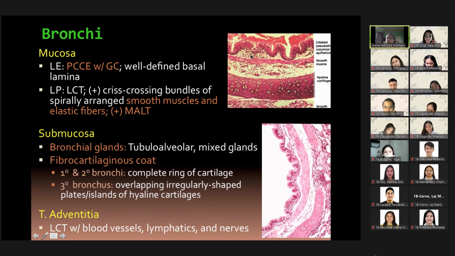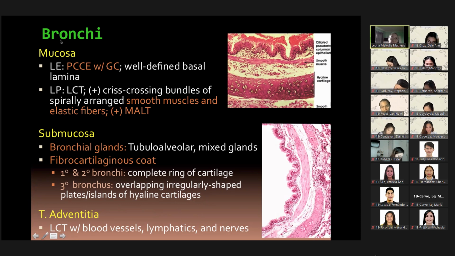Okay, so after the muscle is already the submucosa. So this is already the submucosa here. What did we say we will find in the submucosa? The first thing we said are your glands. These are your glands, which are described as morphologically tubulo-alveolar, or by their secretion are said to be mixed glands, mixed with mucus.